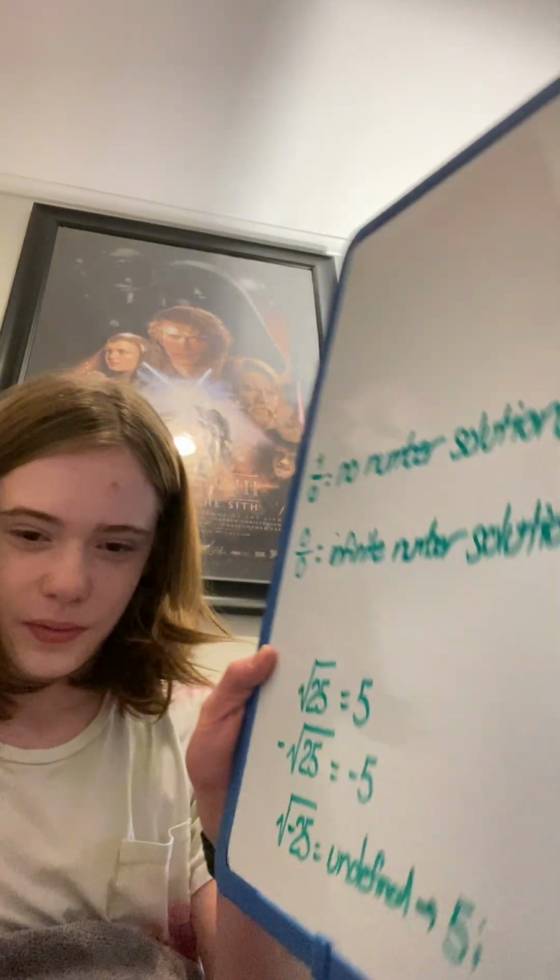Or is it? Well, we actually came up with a solution for this, and we introduced imaginary numbers into the mix, and then this would be 5i, and i is an imaginary number that equals the square root of negative 1.